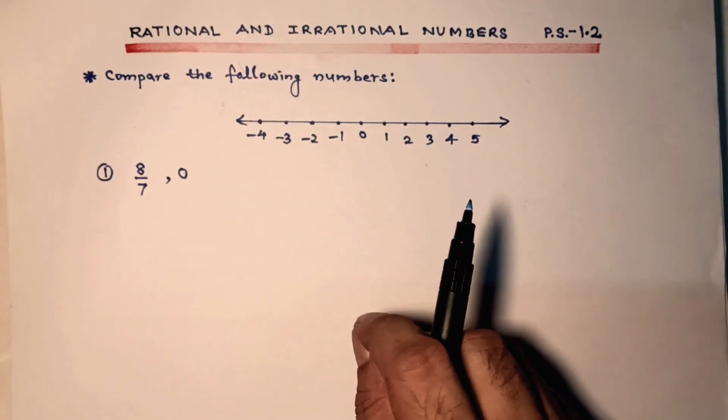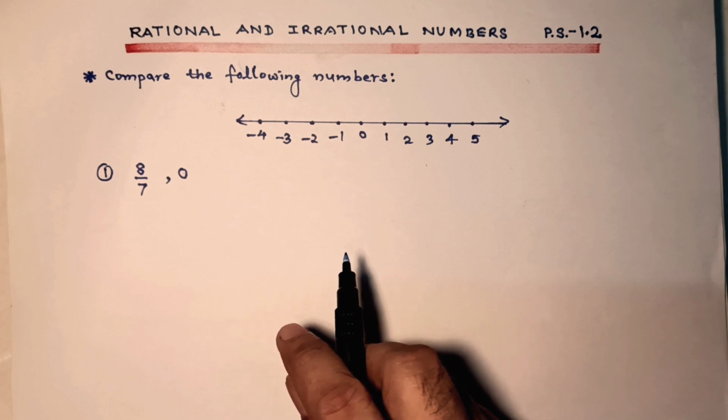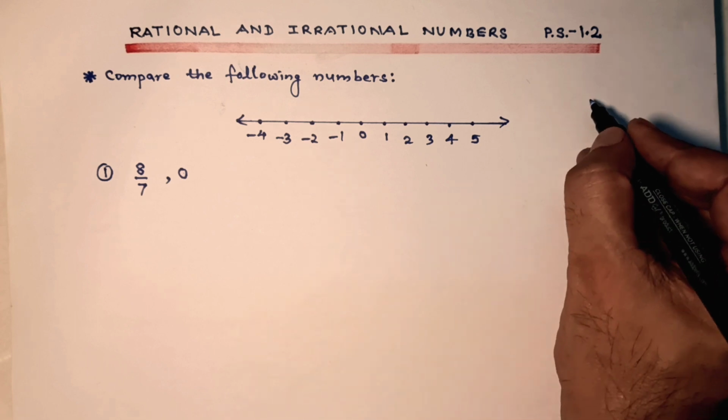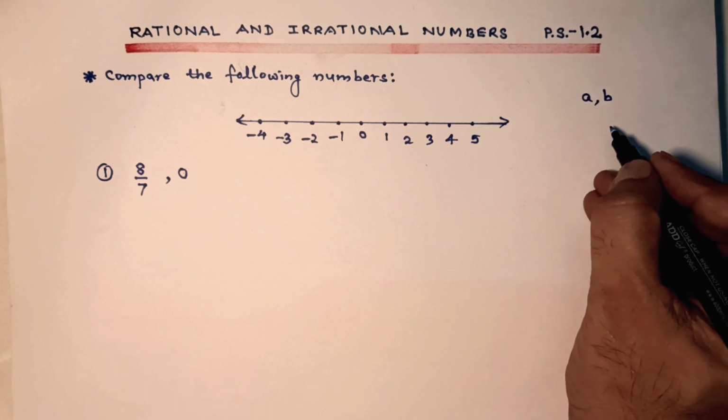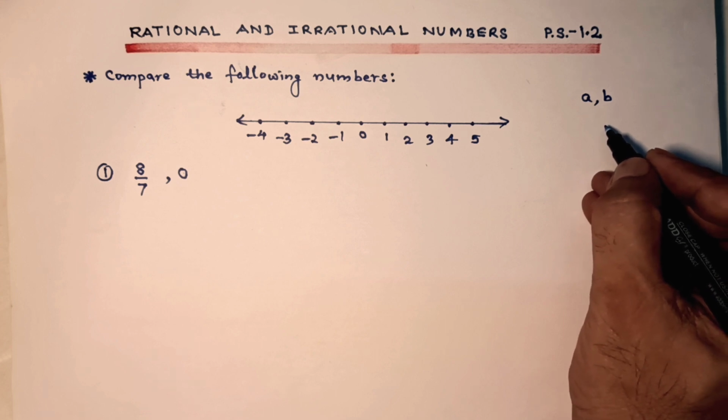Now my dear students, suppose you are having two numbers A and B, and you have to compare them. Then there are three possibilities.